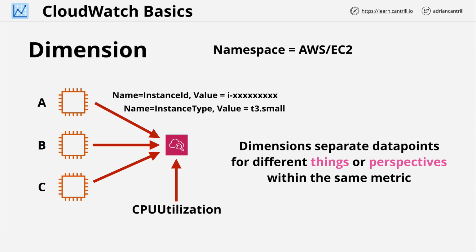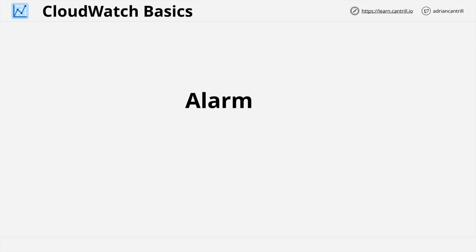Now, CloudWatch also allows us to take actions based on metrics, and this is done using alarms. Alarms as a concept are pretty simple. Alarms are created and they're linked to a specific metric. Then, based on how you configure the alarm, it will take an action based on that metric.